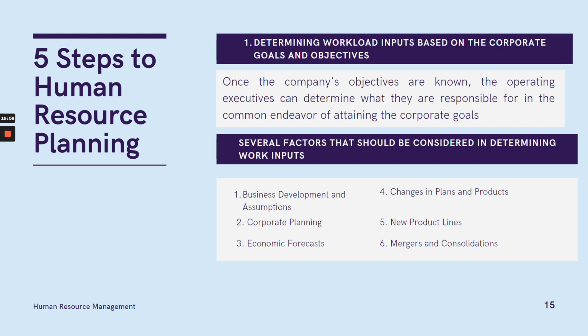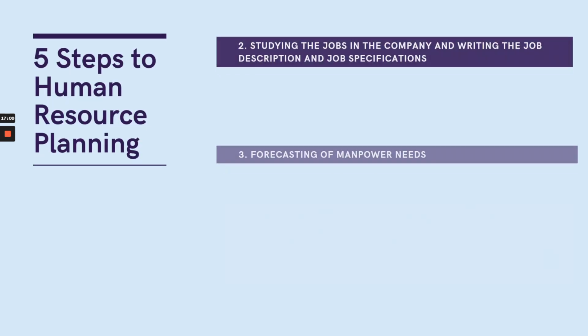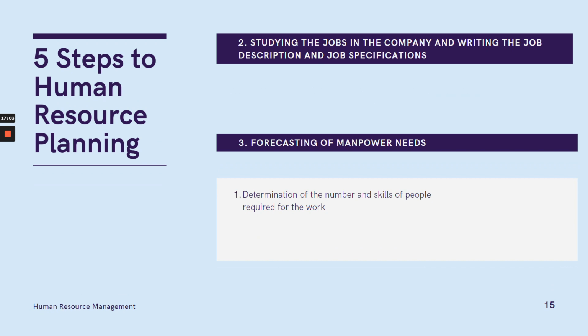Okay. All right, so number two, studying the jobs in the company and writing the job description and job specification. So it's very important yun nga specific ka sa unsa may description. So this job title, unsa man iyang functions, unsa iyang descriptions.